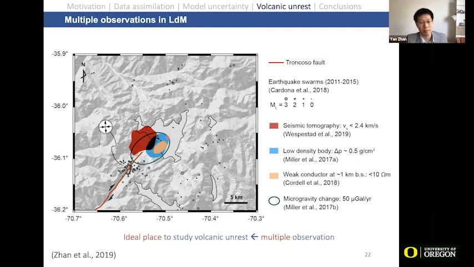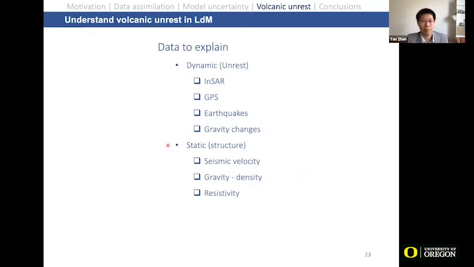So the Laguna de Mole is an ideal place to study the volcanic unrest since we have multiple observations. My goal of this study is to explain all those data. What I'm going to do is first, use the data assimilation strategy I have described in the first part, with the InSAR and the GPS data, to determine the pressure source.